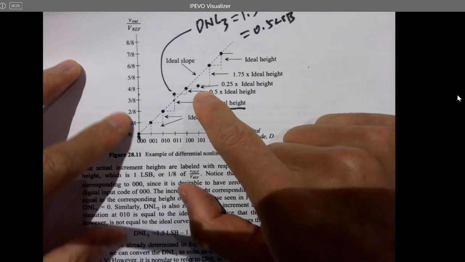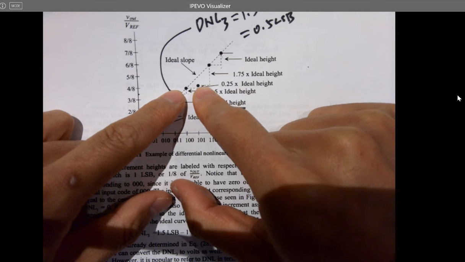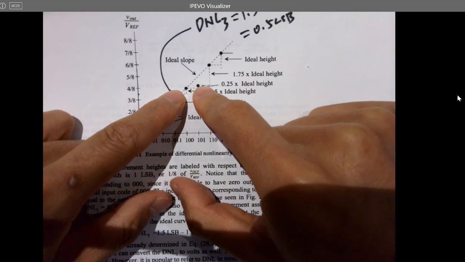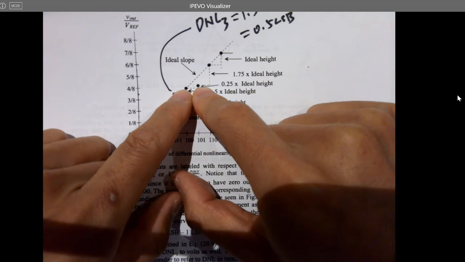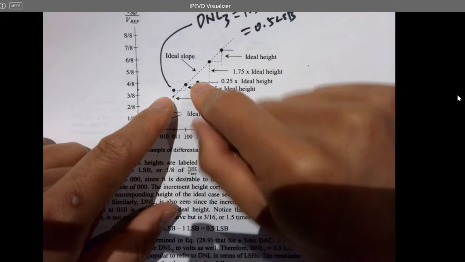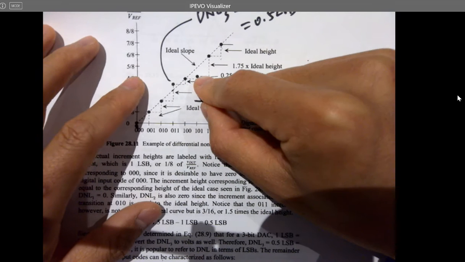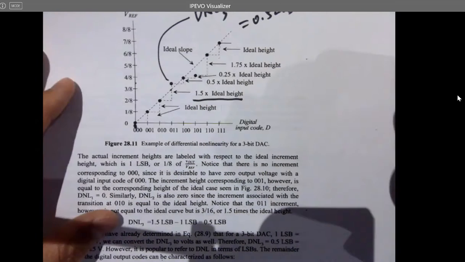Now let's move forward with this one. The step height here is 0.25 LSB. Again, it's not accurate, right? There's no label, but we're assuming this is a 0.25 LSB increment.